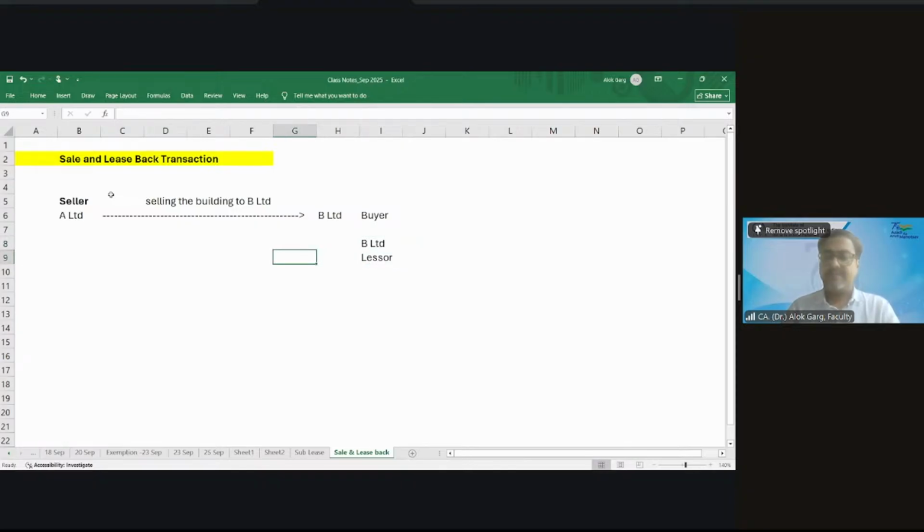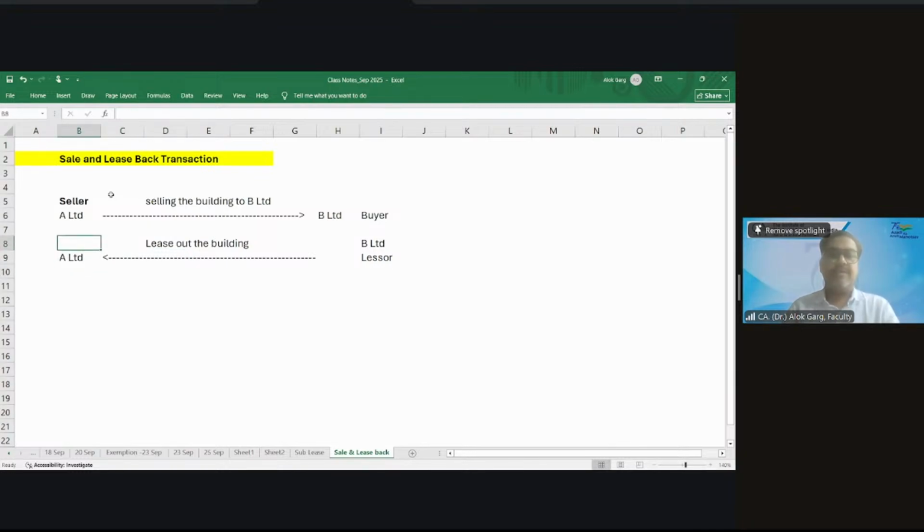And he will lease out this building. This B Limited will lease out the building to whom? A Limited.